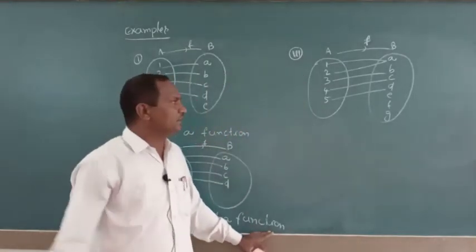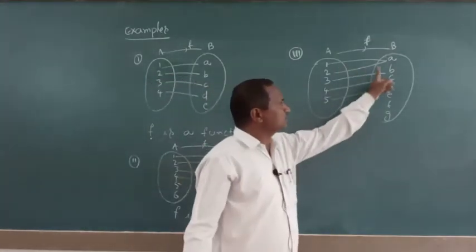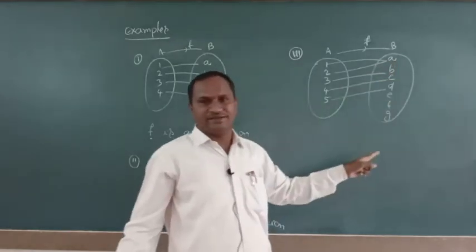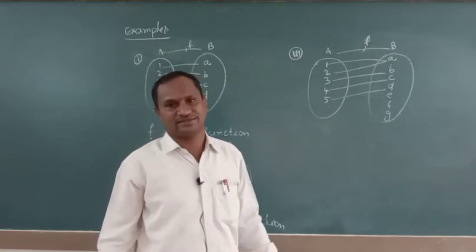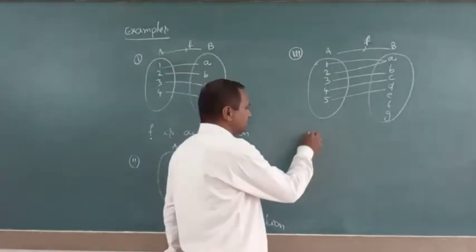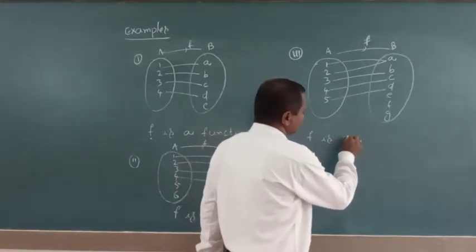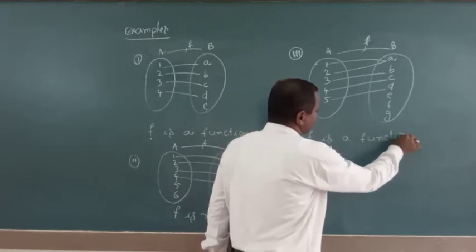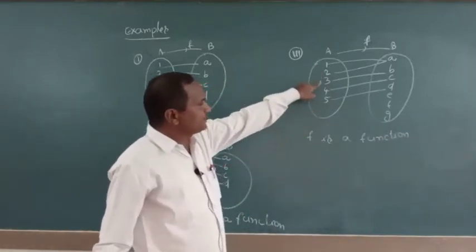Yes, F is a function, because 1 is related to A and 2 is related to A, because the second coordinate may be repeated, but the first coordinate should not repeat twice. That's why F is a function here. Mapping is there from all the elements.